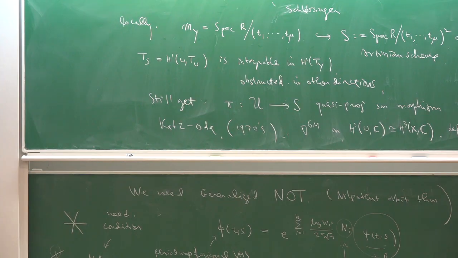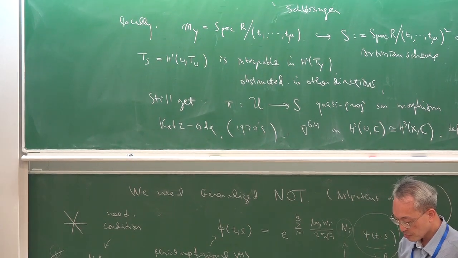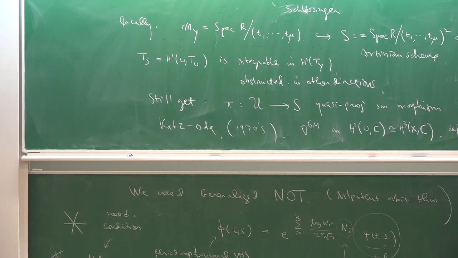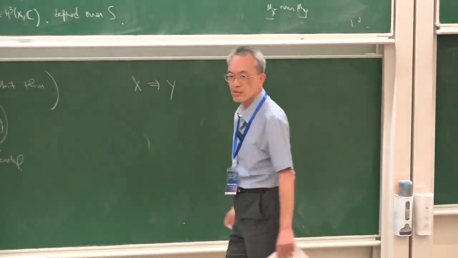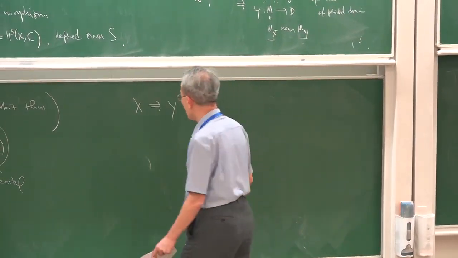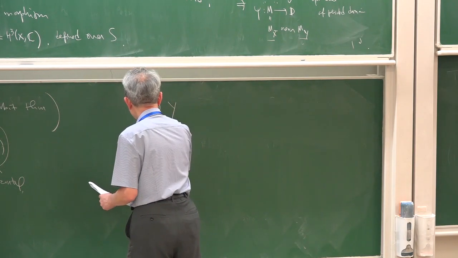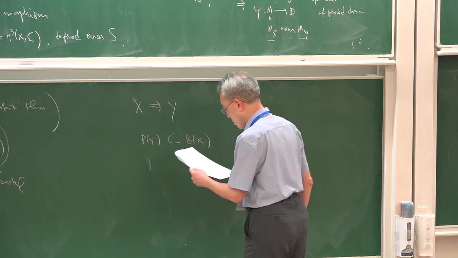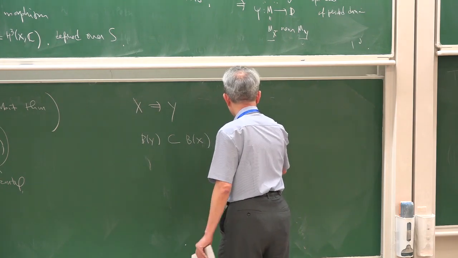So now let's move. I only have less than 10 minutes. So I want to tell you the other side. So the other side is X to Y. Okay, in one part is trivial, because the BY is completely included by BX, we just explain as the monodromy invariant part.